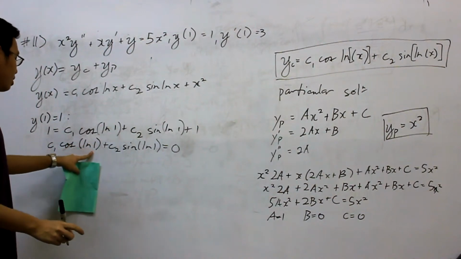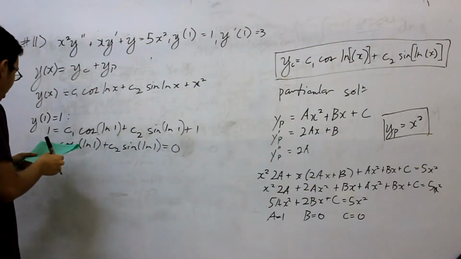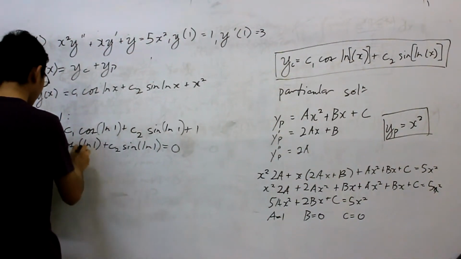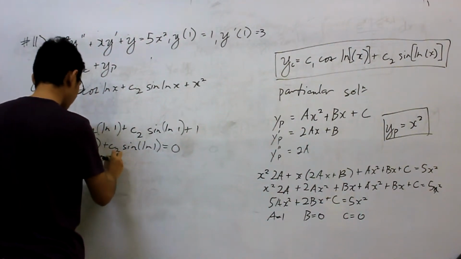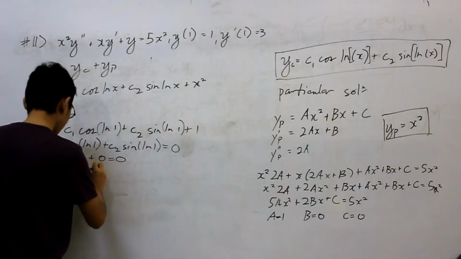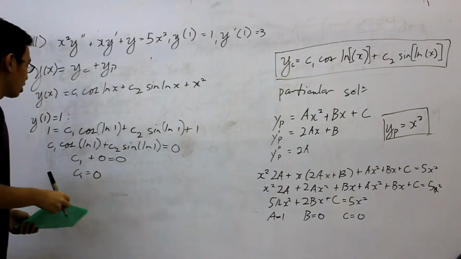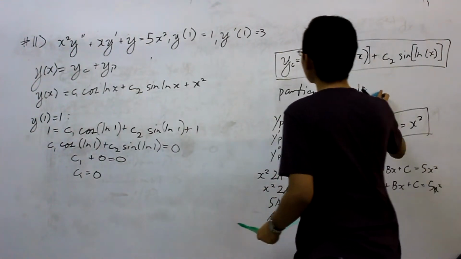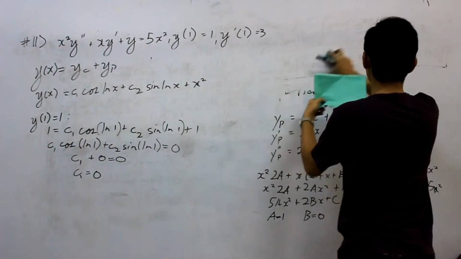Cosine of 0 is 1. So we have c1 plus 0 is equal to 0. So we have c1 is equal to 0. And then moving on to get c2, we use the other equation.